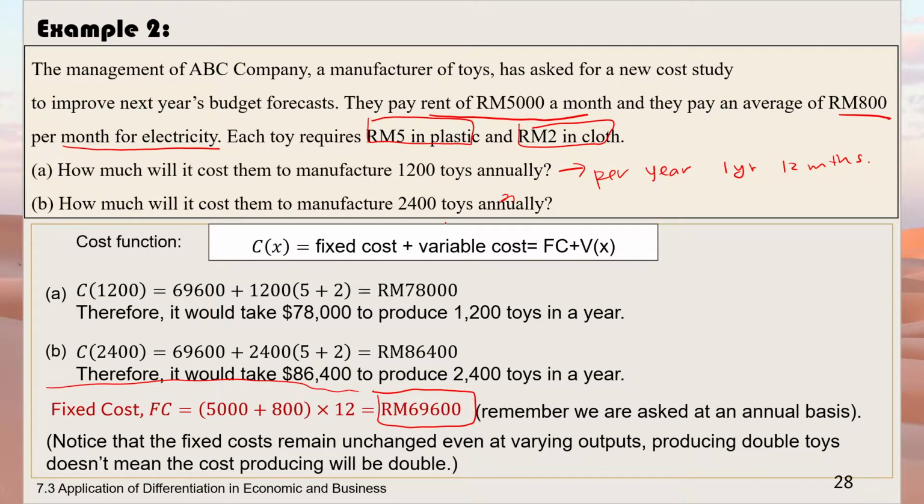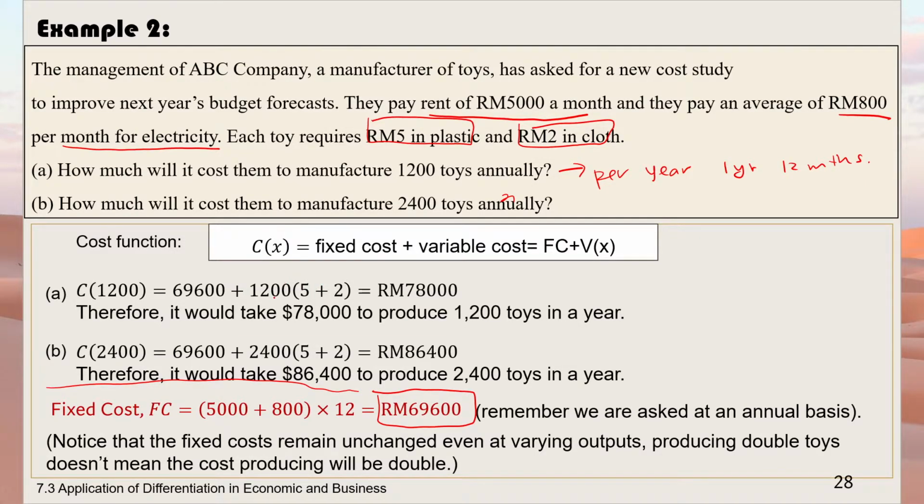Now if you want to produce 12,000, I need my fixed cost plus the variable cost. The variable cost means that if I produce one toy, I need 5 ringgit in plastic and 2 ringgit in cloth. So to produce one toy, I need 7 ringgit.